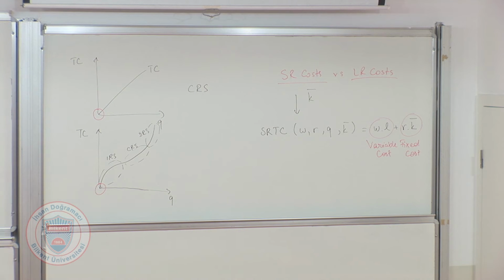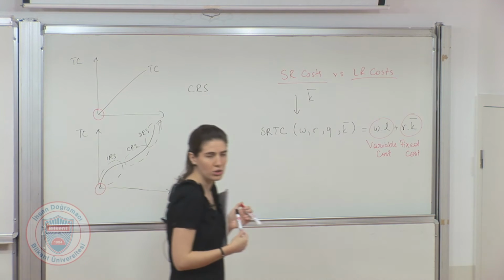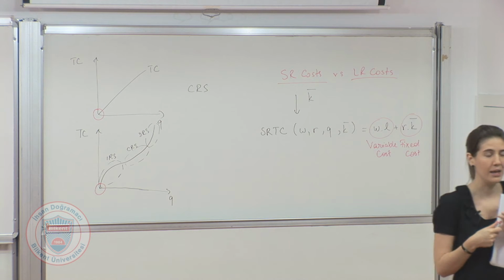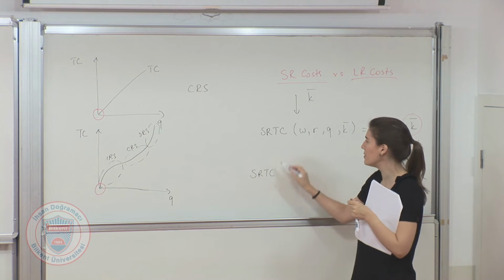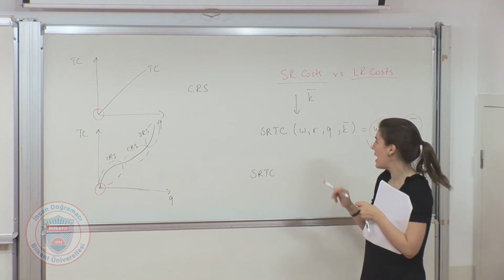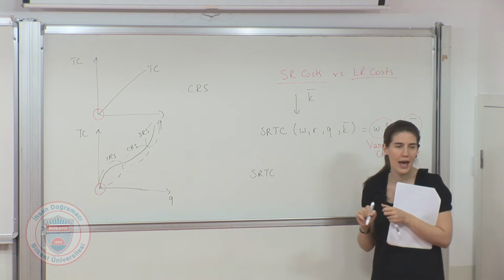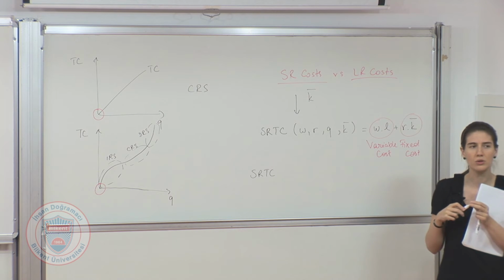Now, remember I asked you, do you think that this short run total cost can ever be above the long run total cost? What did we say? Remember? Suppose I draw this short run total cost curve at this level of K bar, and then I draw my long run total cost curve.